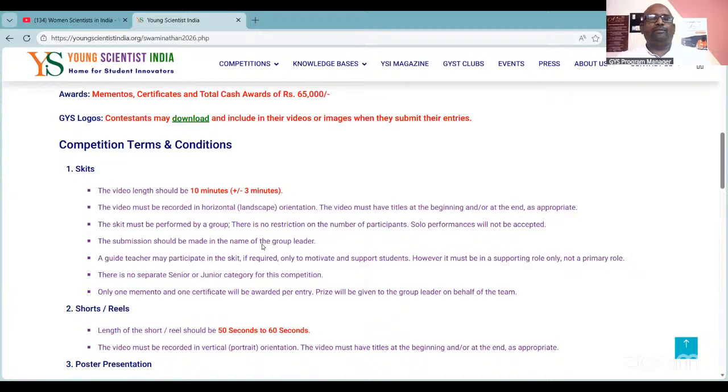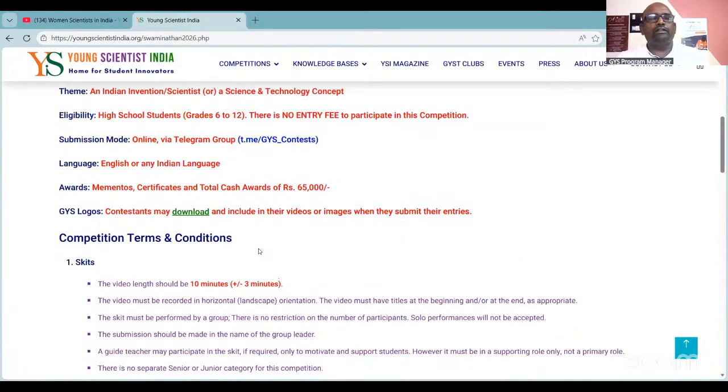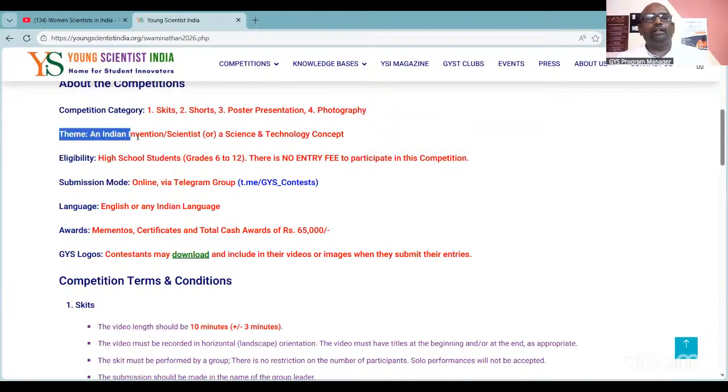For kids, you have to choose one theme for this competition. So the theme is like this: an Indian invention, an Indian scientist, or a science and technology concept.